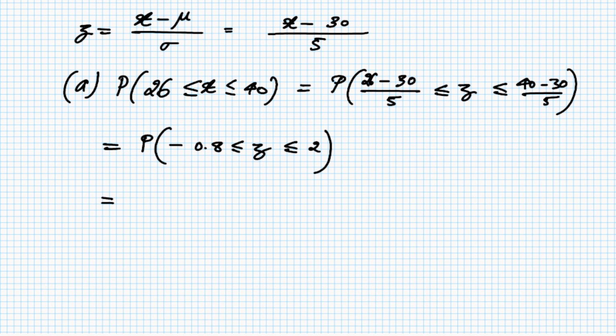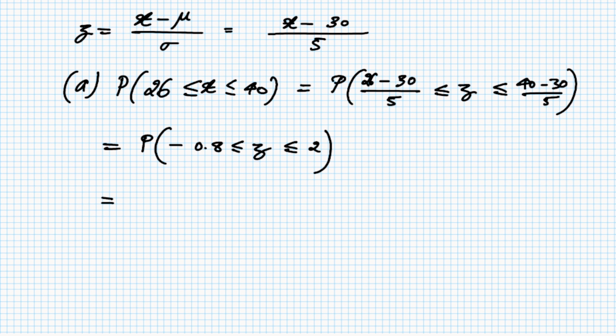From the graph, it should be very clear that one of the points is towards the left side, that is minus 0.8, and another point is to the right side, that is 2. So the total area required is minus 0.8 to 2. You will split that into two regions, 0 to minus 0.8 and 0 to 2.